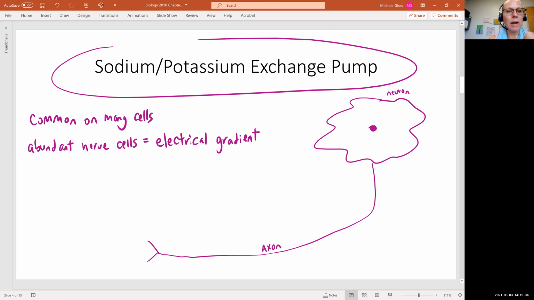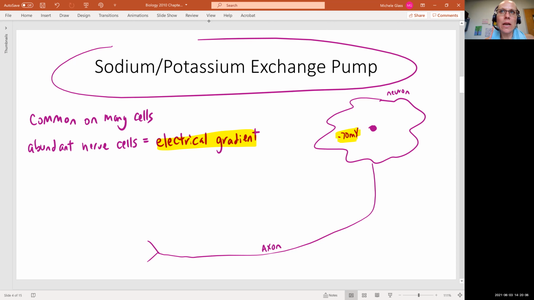And when we talk about this electrical gradient, what we'll see in our neuron is that it gives us a slight negative charge inside the neuron of -70 millivolts. So the significance of the sodium potassium exchange pump is that it sets up this electrical gradient, especially in our excitable cells like neurons, and it sets up a resting charge of -70 millivolts.